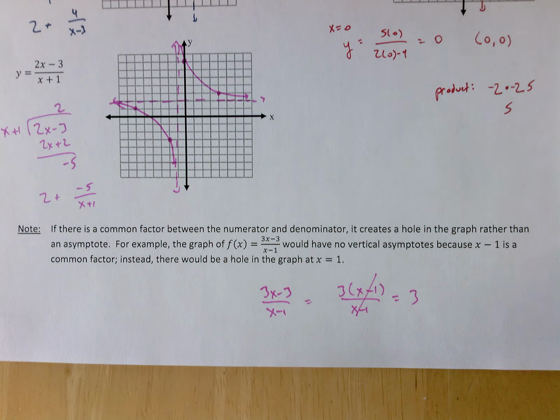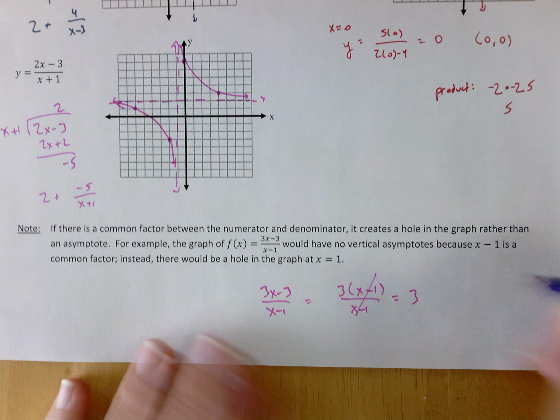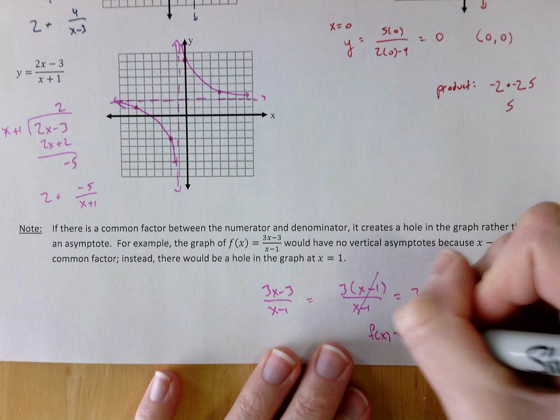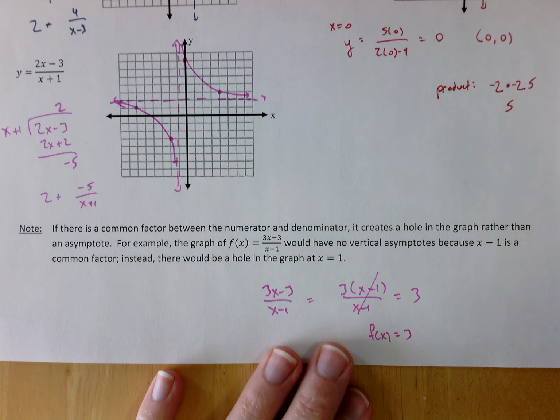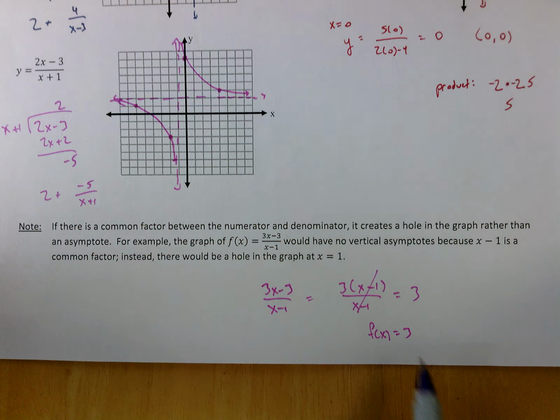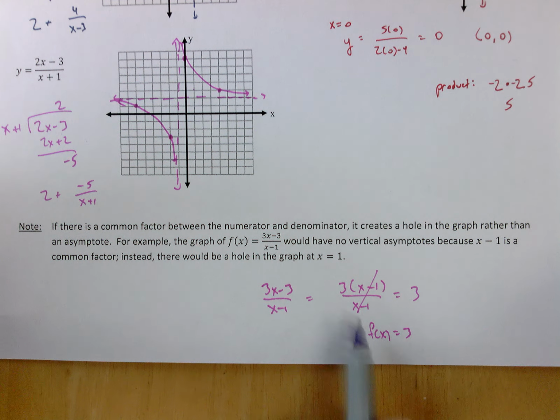Okay, so what ends up happening here is that now our equation is just f of x equals 3. Well, that's just a line, right? That's just the line y equals 3. It's just a horizontal line. What happens, though, is because we had this common term cancel out, the original function had a problem at 1, right?